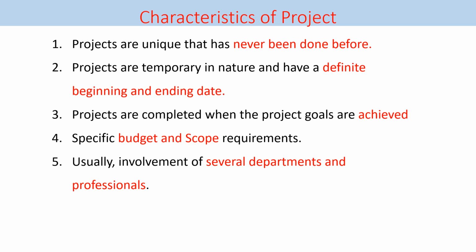That's why there is a need of several departments, it may be from finance, from engineering, or from marketing, and so on. Because of its complexity in nature, the involvement of several departments is essential. And the involvement of several professionals is also a must.